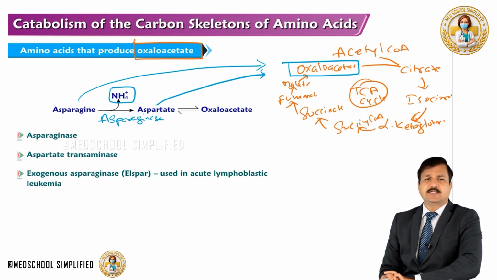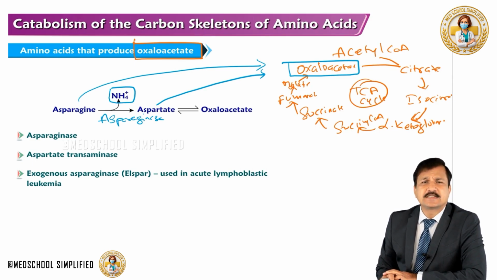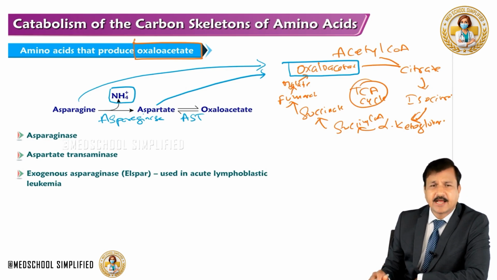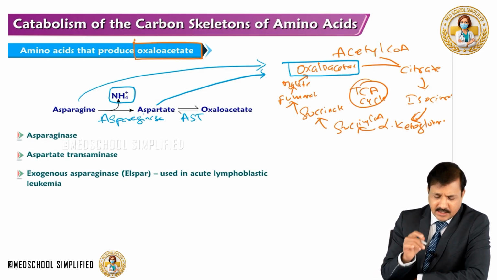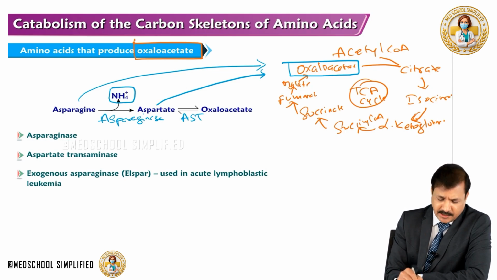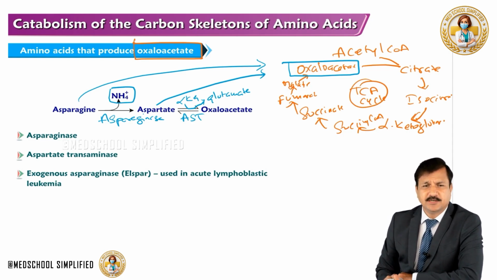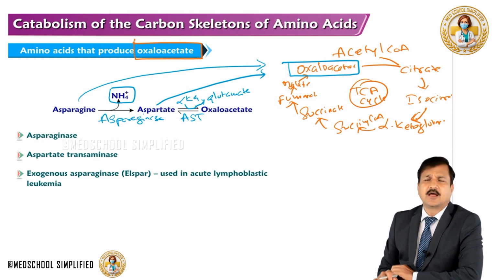Once you get aspartate, aspartate undergoes a transamination reaction catalyzed by AST, that is aspartate transaminase, where the amino group of aspartate will be given to α-ketoglutarate, and that α-ketoglutarate will be converted to glutamate. As I explained in my previous lecture on transamination, the acceptor of the primary amino group during transamination is always alpha-ketoglutarate.